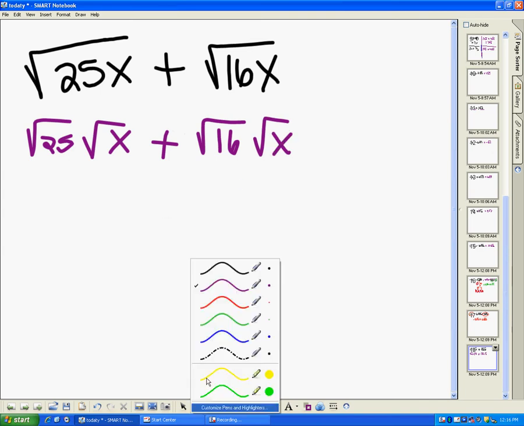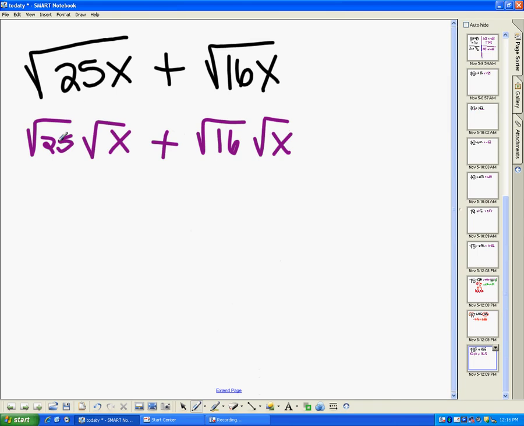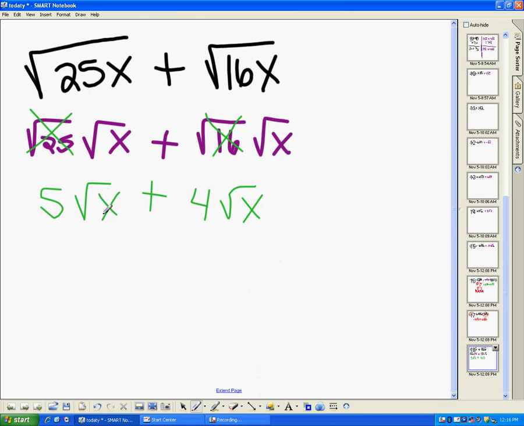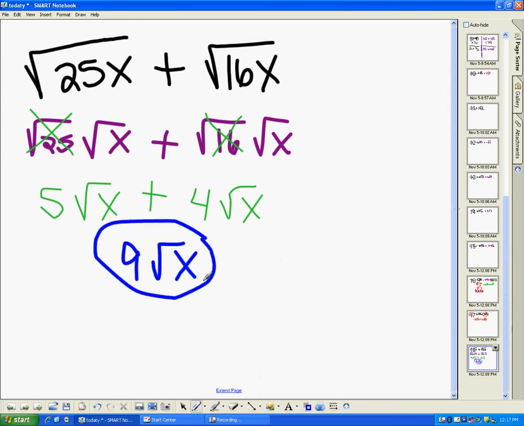Then I can simplify 25 to being 5, so this is 5 square root of x. And I can simplify 16, because square root of 16 is 4, so this is plus 4 square root of x. And now I can add them together because they have the same radical. So 5 square root of x plus 4 square root of x is 9 square root of x. So that's what this one would simplify to.